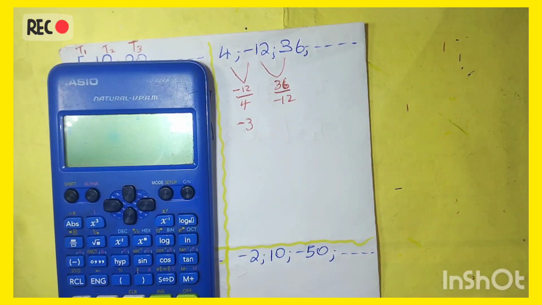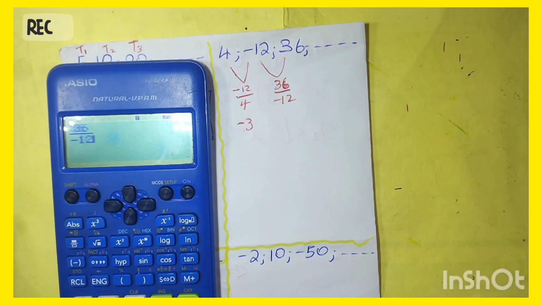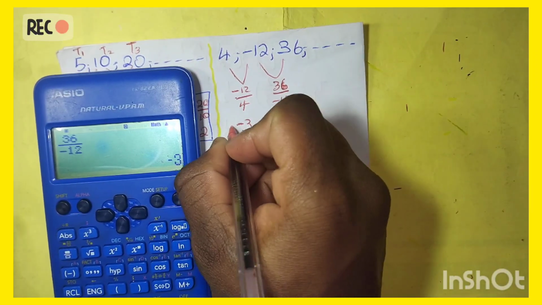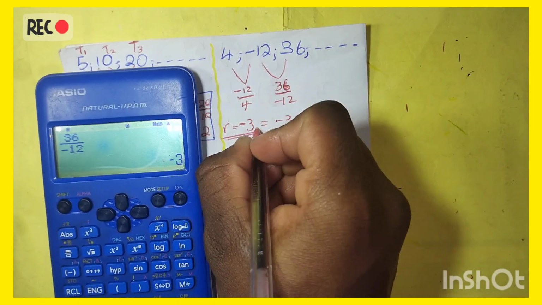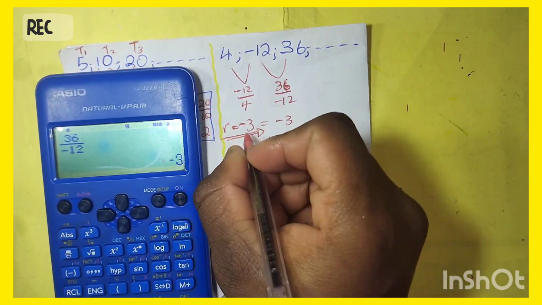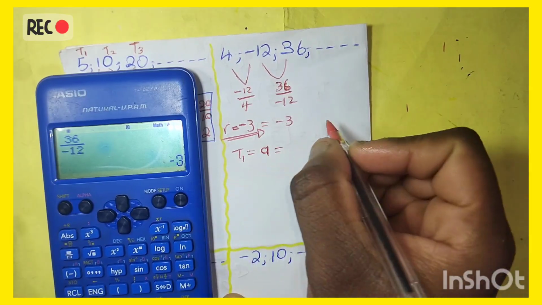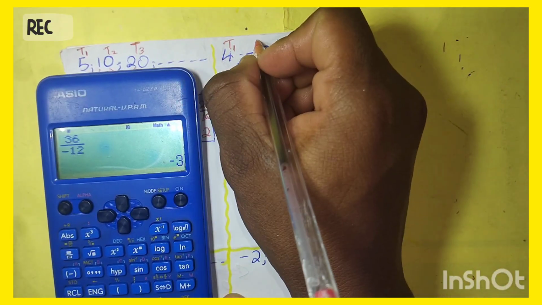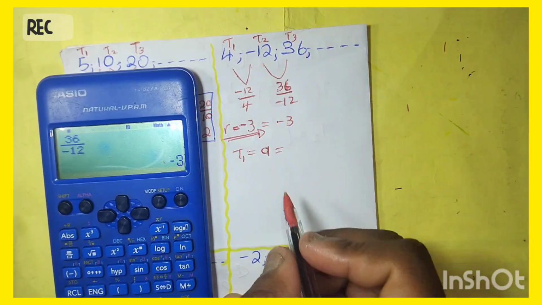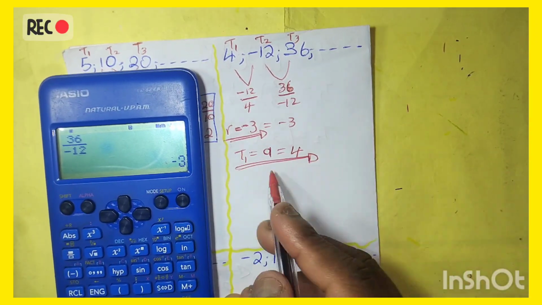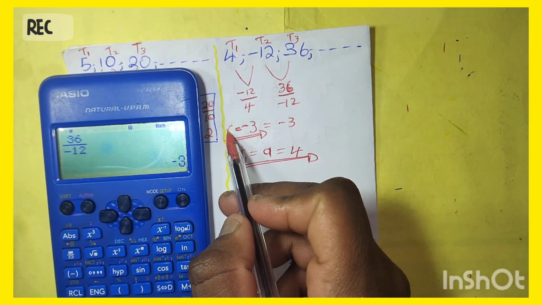Then this divided by this, I also get -3. That -3, don't forget, represents the constant ratio. Then our first term is represented by a, which is 4. So I know the value for a and the value for r.